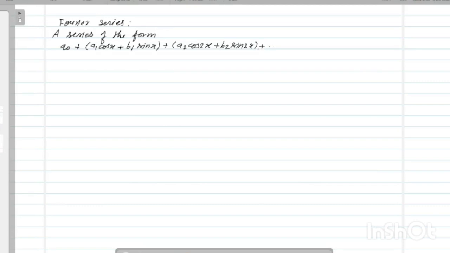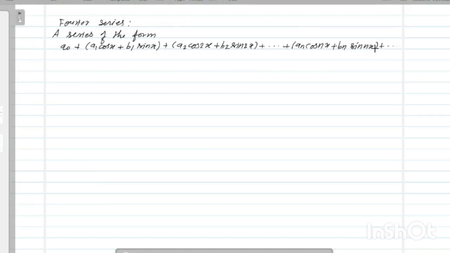A series of the form a naught plus a1 cos x plus b1 sin x plus a2 cos 2x plus b2 sin 2x and so on up to an cos nx plus bn sin nx and so on.